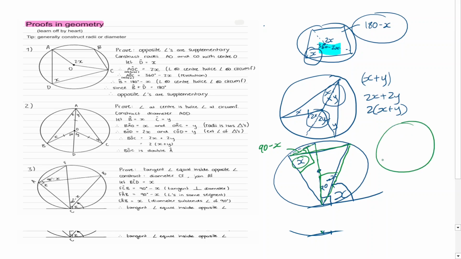The other one, which I haven't discussed in depth, is when I've got a line from the center, and let's say it's perpendicular, then they'll ask us to prove that it bisects. The way that you prove it very briefly is you draw your radii again. Even in that, you've noticed that all these proofs require construction of either radii or diameter.